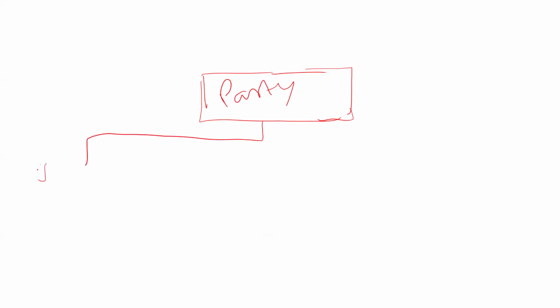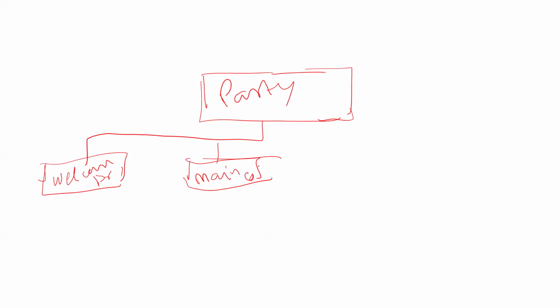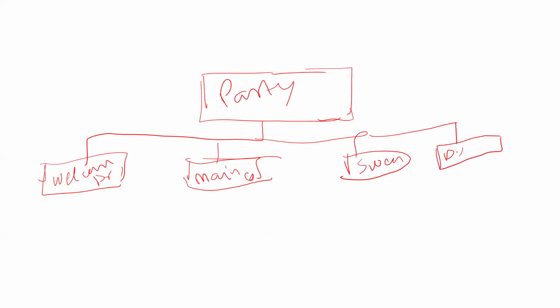For example, let's take party cooking. The WBS for this would have one level as welcome drinks, the second as the main course, the third as sweets, and the fourth as desserts.